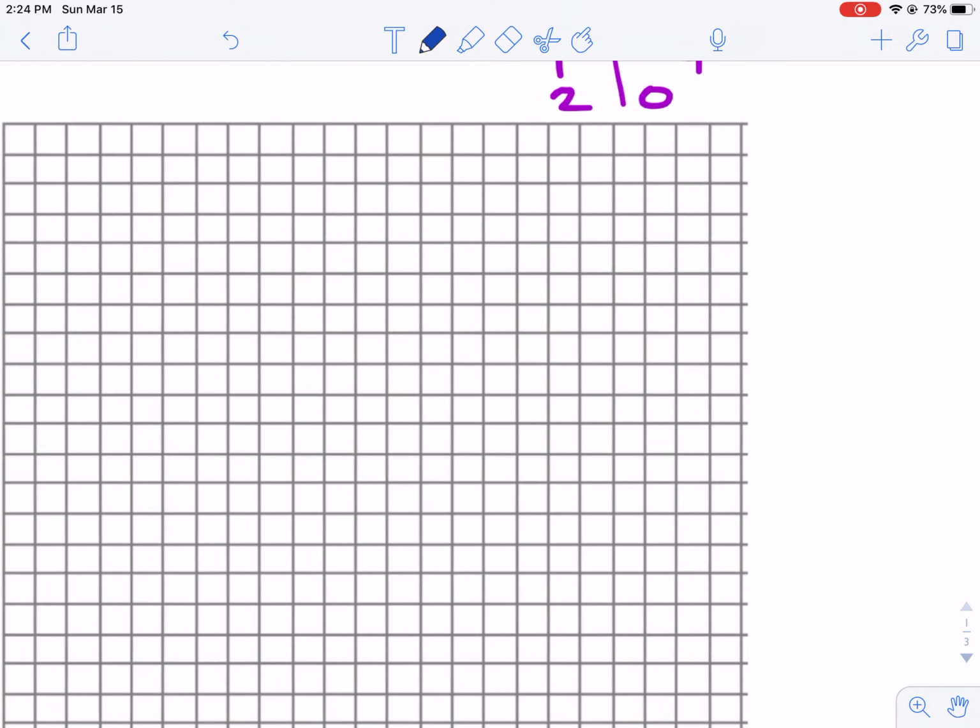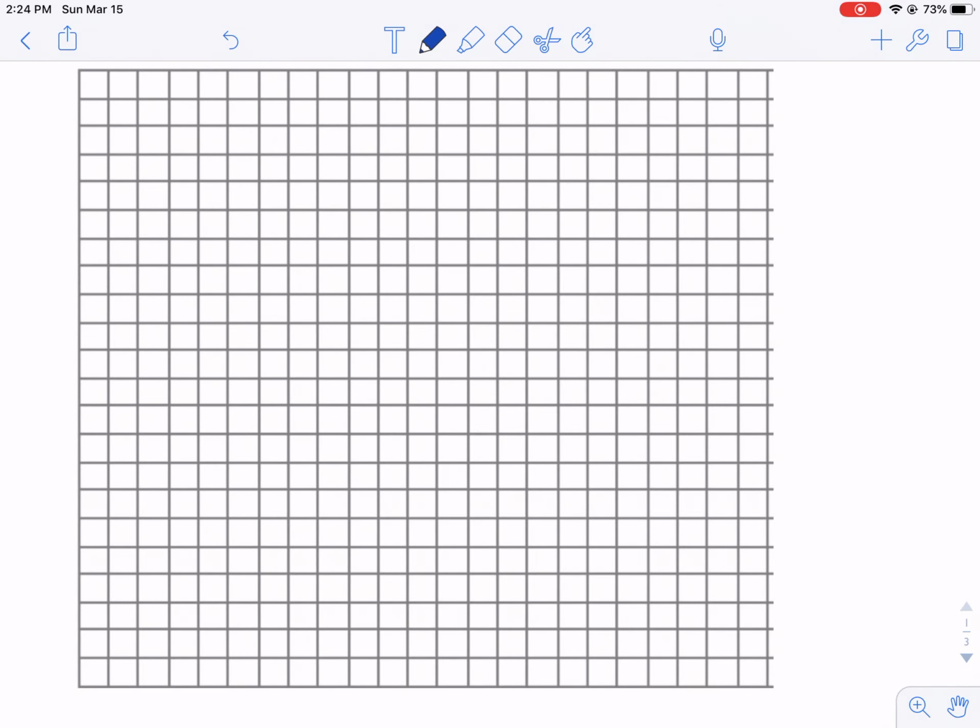I'm going to blow this up so that I can draw a little easier. So I draw my x and y axis. And you still have the table in front of you, hopefully.